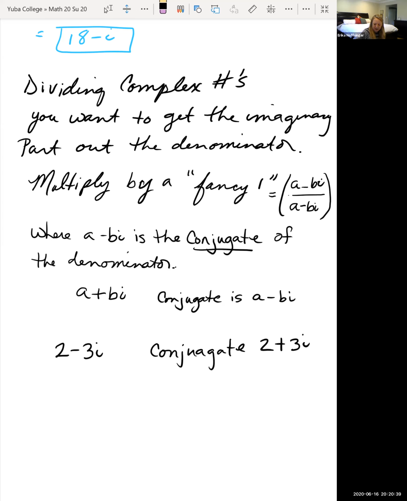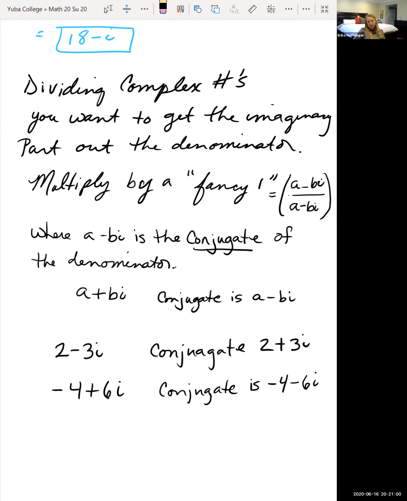And if I had maybe minus 4 plus 6i, the conjugate of that is negative 4, or sorry, change the sign in between, so minus 6i.